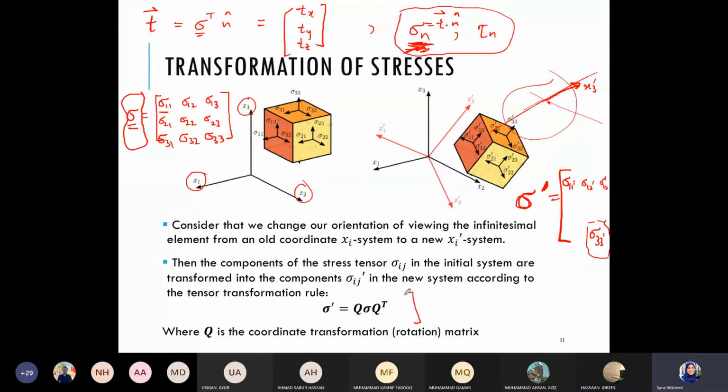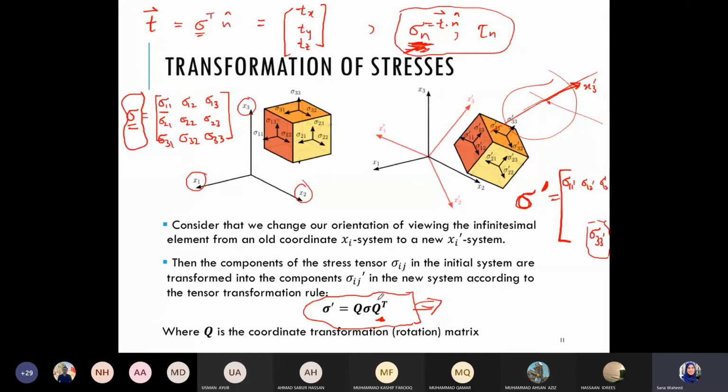But just take my word for it that if you want to take a second order tensor such as sigma and change our basis vectors, that is, view it in a new coordinate system, then we find the transformed tensor just by using this expression right here, where I have this transformation matrix, or rather transformation tensor, here represented by Q.